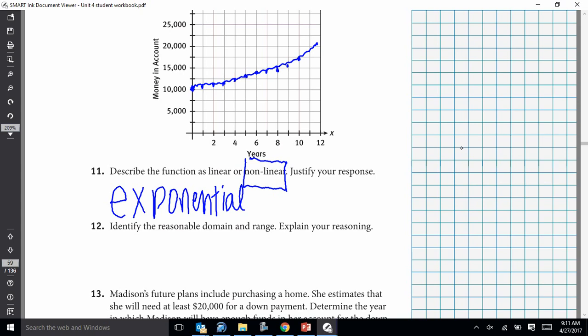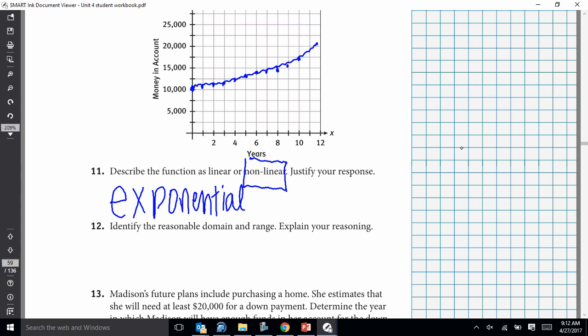So let's think about this. We're talking in years, right? Can Madison keep that money in for 2.5 years? Yeah. All right. So can she keep it in there for a third of a year? Yeah. So we can have partial years, right?